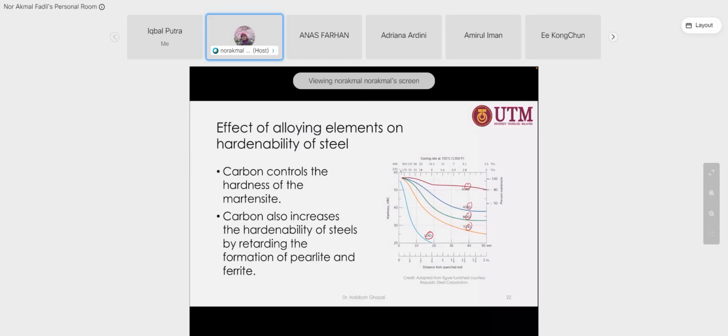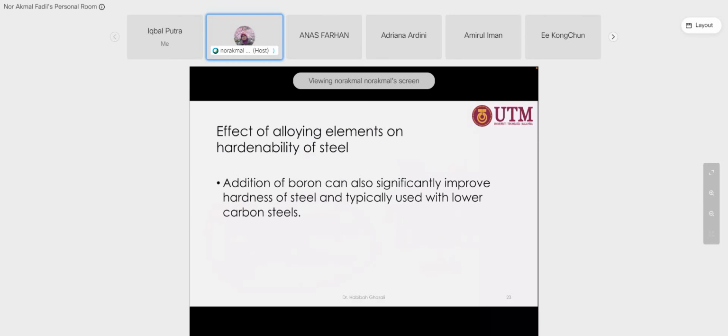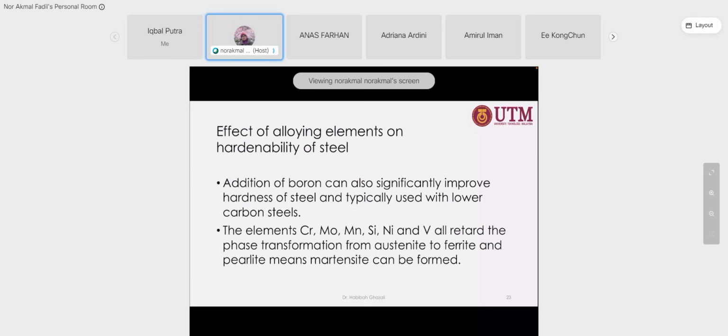They are supposed to show some kind of different carbon content, but this one they all have the same carbon content. Maybe another line can be shown here, 1080 for example, which can really reflect this fact, that carbon increases the hardenability. And the addition of boron can also significantly improve the hardenability of steel, and is typically used with lower carbon steel.